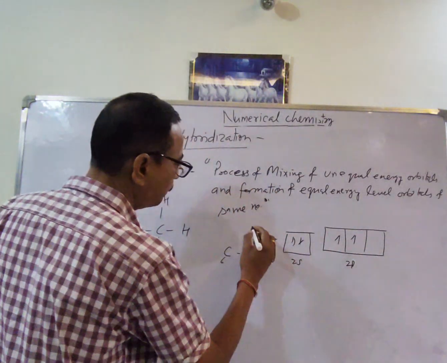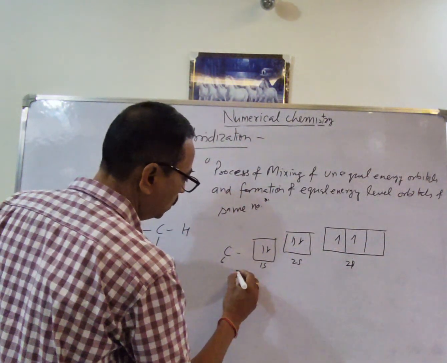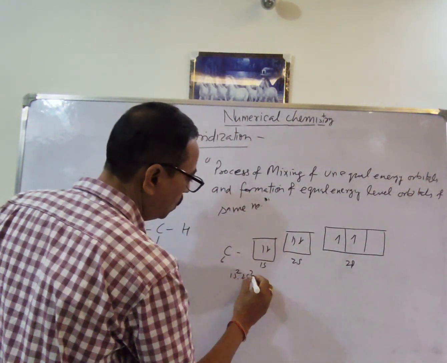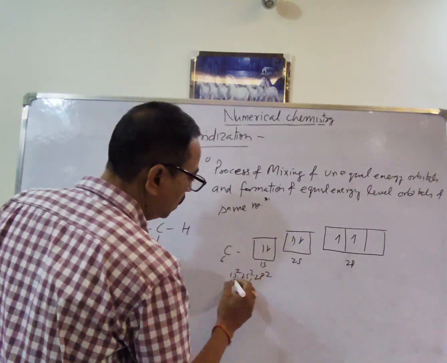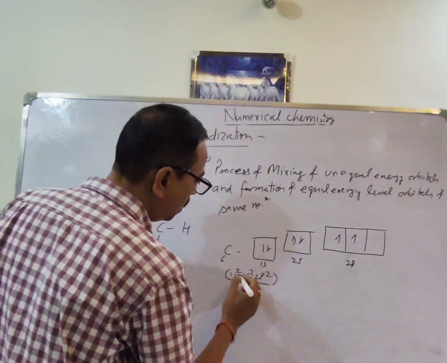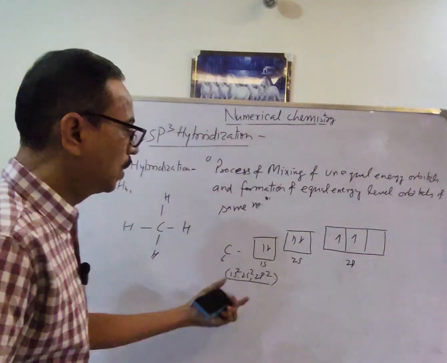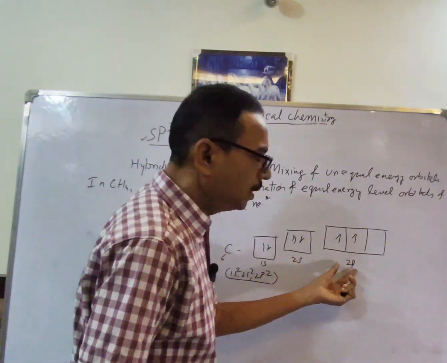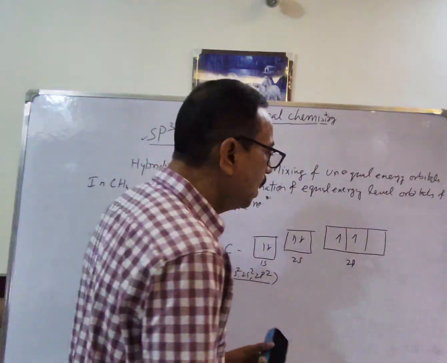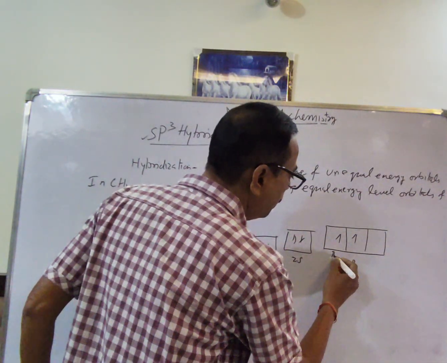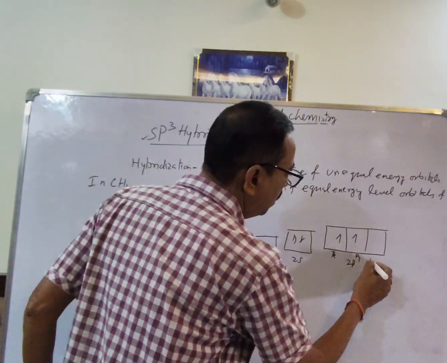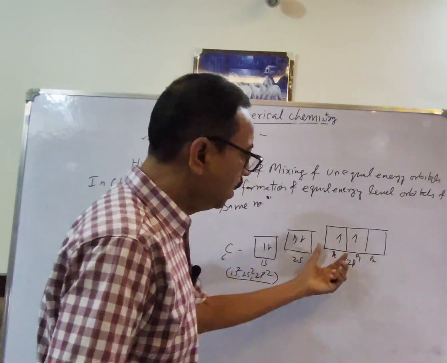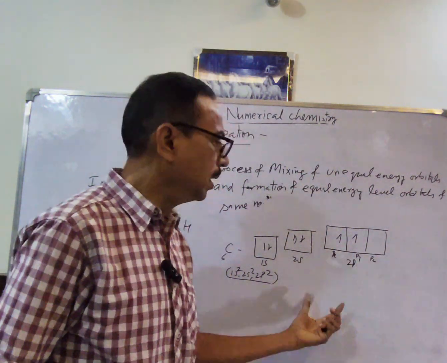This is the electron filling sequence. Here we see 2p is a dimensional orbital, so it is divided into px, py, pz. I will tell you the shape of pz.